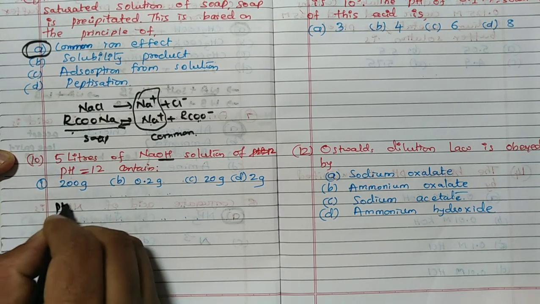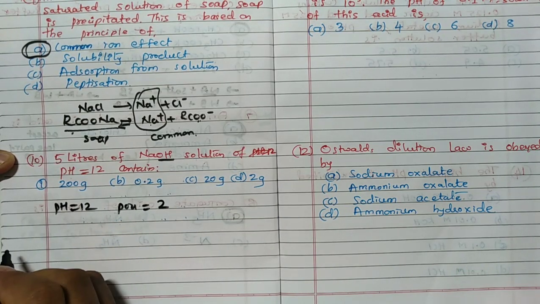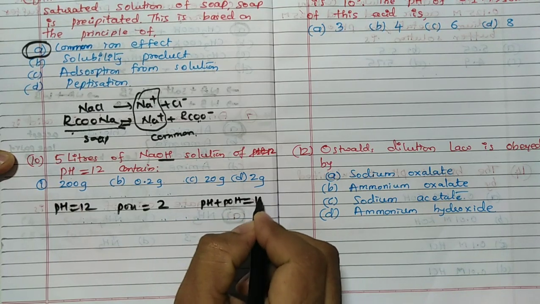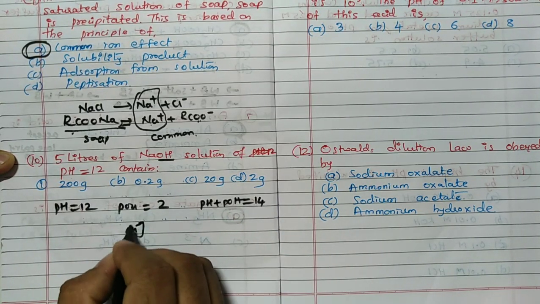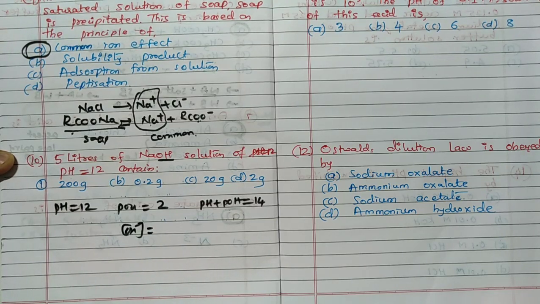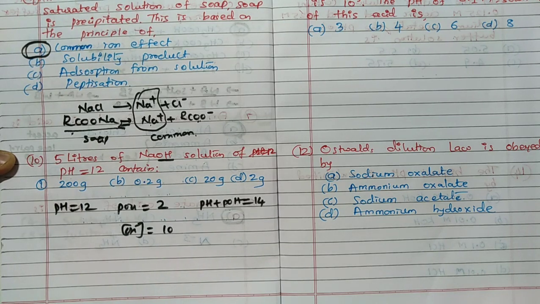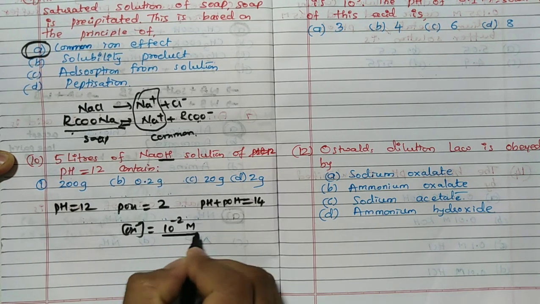So here pH is equal to 12 means pOH is equal to how much? 2, because we will use the formula pH plus pOH is equal to 14. So pOH is equal to 2 means what is the concentration of OH-? Very easy, remember: the OH- ion concentration becomes 10 to the power minus 2 molar.